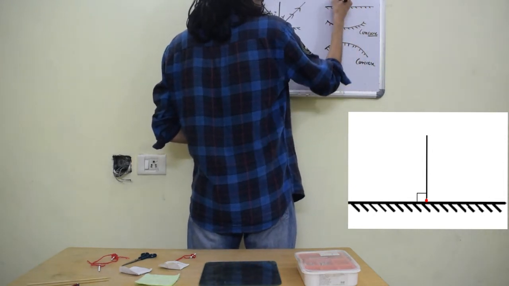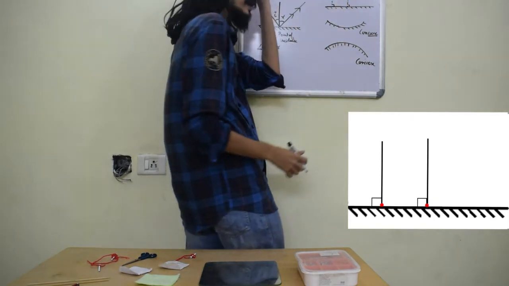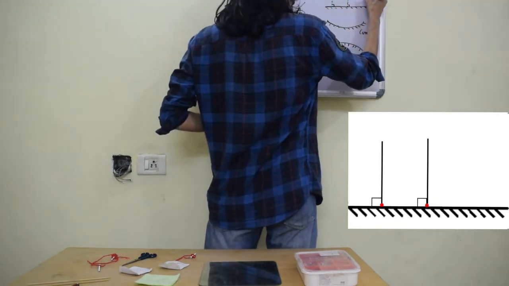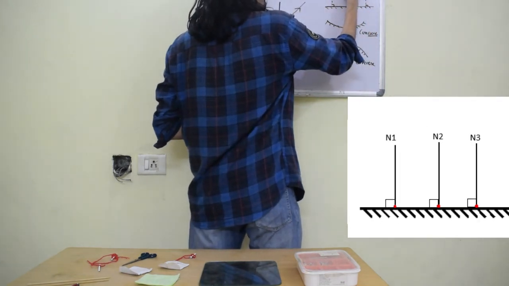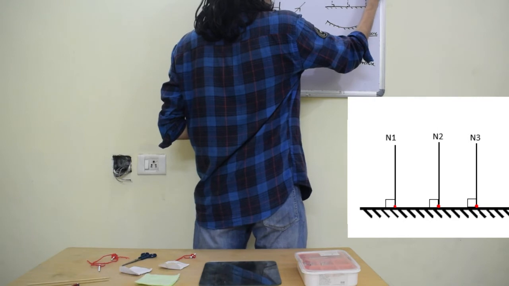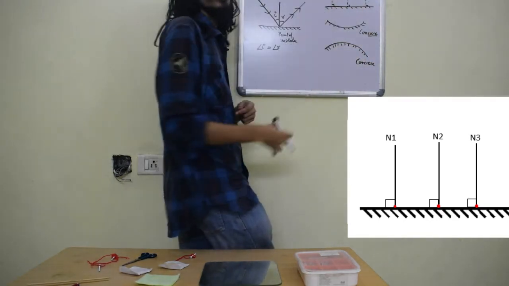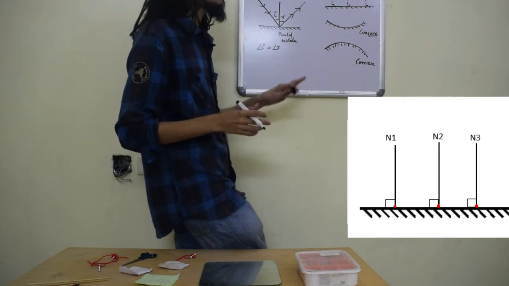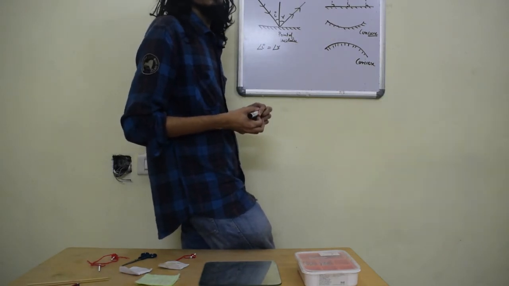If I want a normal at this point, I'll draw it like this, which is again at 90 degrees. At this point, this is another normal. Let me call them normal 1, normal 2, normal 3. If you notice, all three normals are actually parallel lines. They don't touch each other. So in a plane mirror, all normals are parallel to each other.